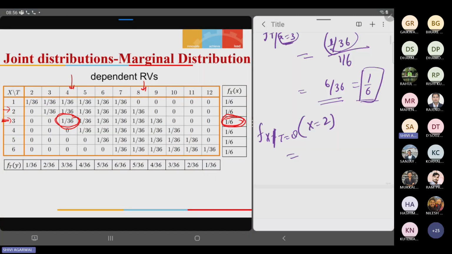Here, this one, 1 by 36. So it is 1 by 36 divided by the density function for t, because given that t is equal to 8, the density function is 5 by 36. So this will become 1 by 5.